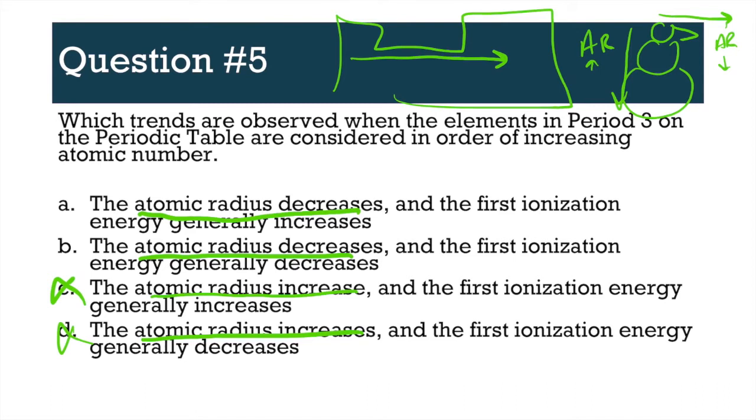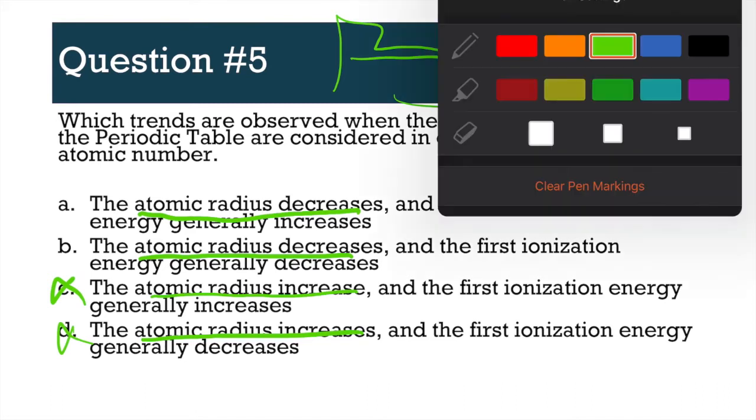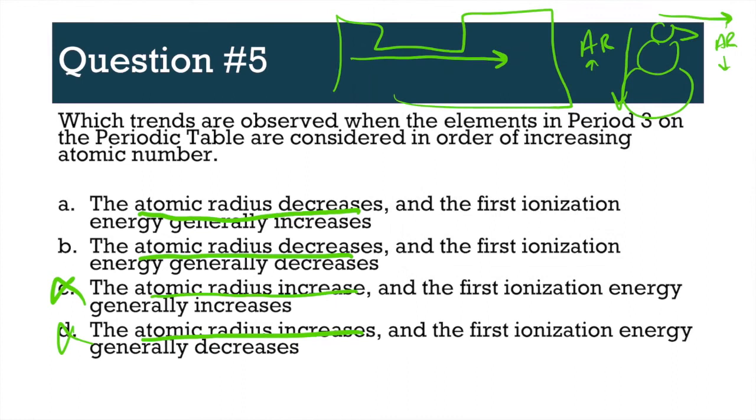And then if we're talking about ionization energy, it follows the same trend as electronegativity. And remember, with electronegativity, F is the most electronegative. So the closer you get to F, the electronegativity and the ionization energy both increase.